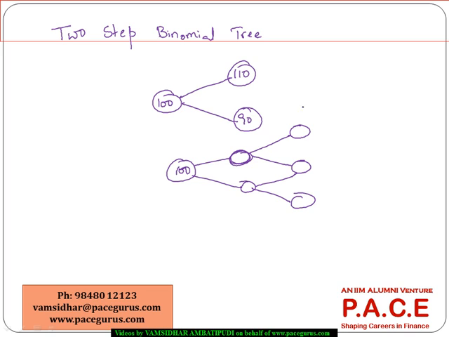So after 3 months the number of possibilities for the stock price increases as we increase the number of steps in the binomial tree. More and more accuracy in the pricing of the option can come out if we use more steps compared to the one-step model. That's one of the prime reasons we are looking at two steps, and slowly I'll look at an n-step binomial tree model. Alright.